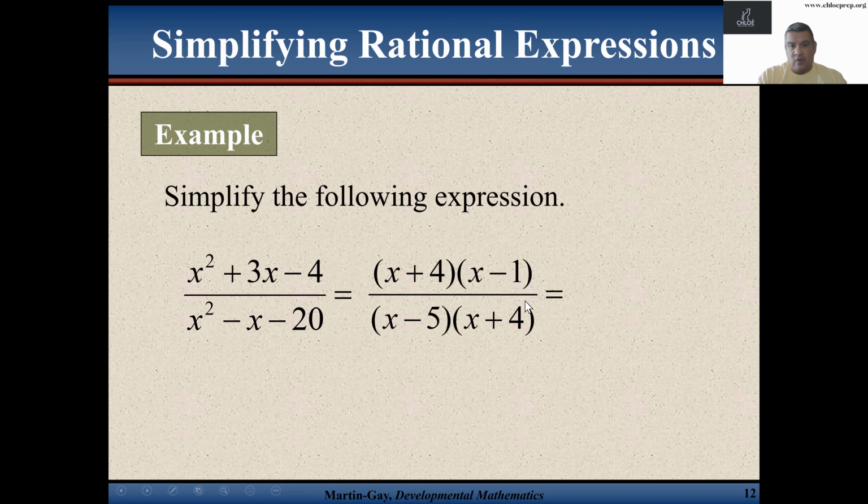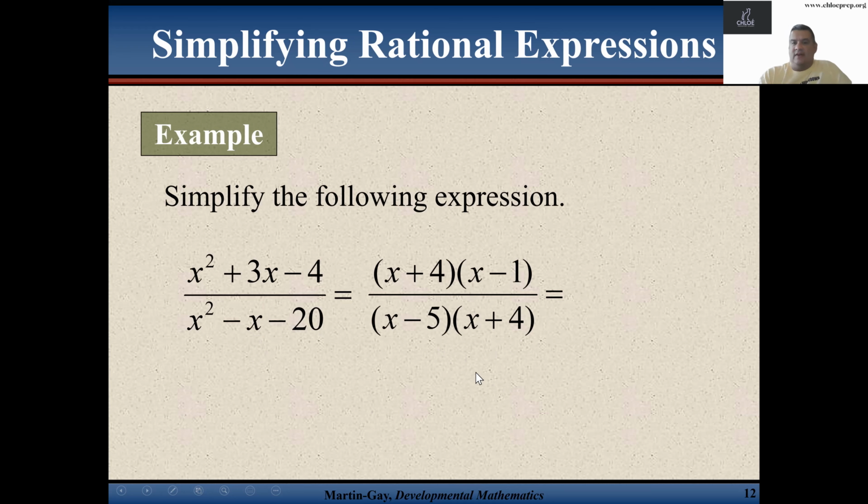X times 4 is 4x, and we kind of just have that on the side of our paper. -5 times x is -5x. -5 plus 4 is going to give me -x. -5 times 4 is -20. So see how -5 times 4 equals this? But when I add -5 and 4, it gives me this, because -5 plus 4 is -1, which is -x.